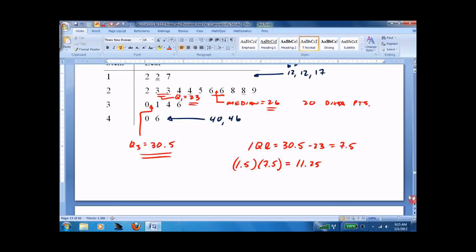So we take Q1, subtract 11.25. In this case, that's 23. We get 11.75. Well, our lowest data point is actually 12, so there's no outliers on the bottom side.